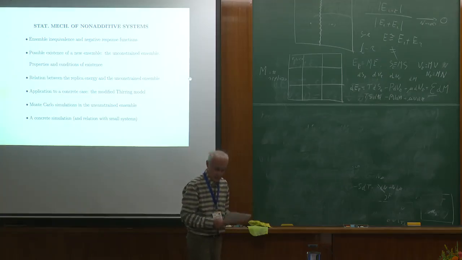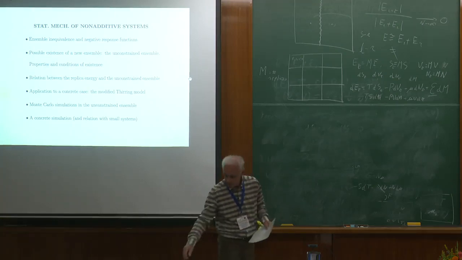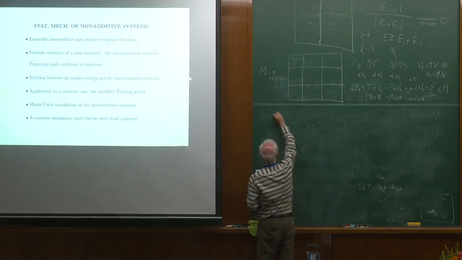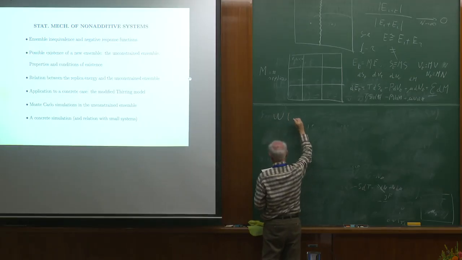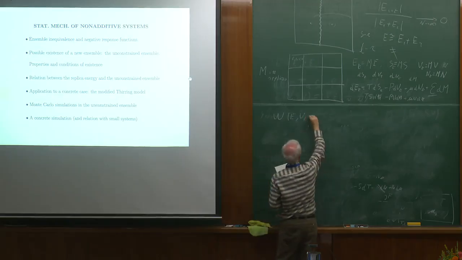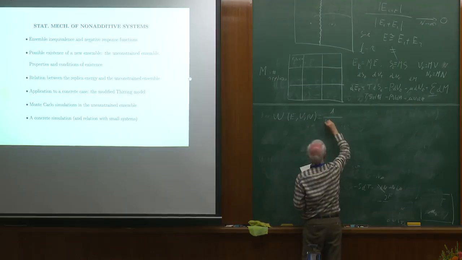Okay, so now to see what happens. Let's start with the definition of the canonical ensemble. I have what is called the partition function of the microcanonical ensemble, as we said, function of the energy, the volume, and the number of particles, like the entropy. This, as we know, for example, for a classical system, you all know this, of course.